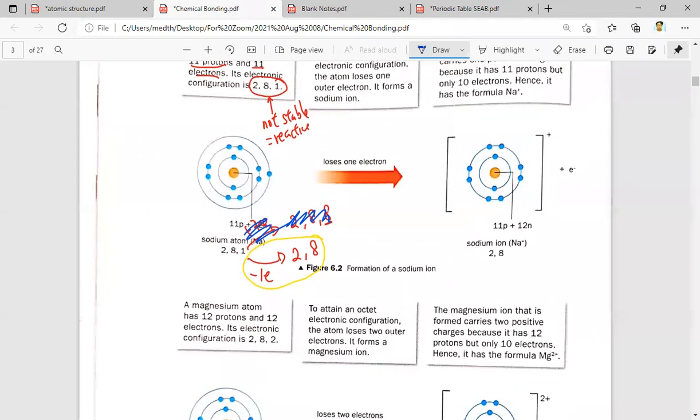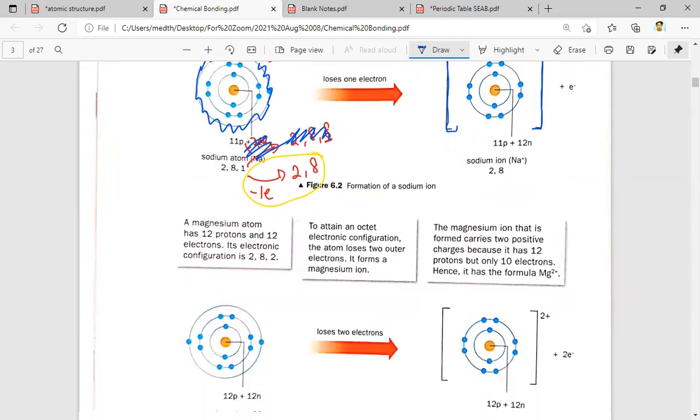What you realize is that from this diagram, the third shell has disappeared. What else do you realize is that now, because it's an ion, you draw a square bracket around it. And because it lost 1 electron, you put a plus over here.